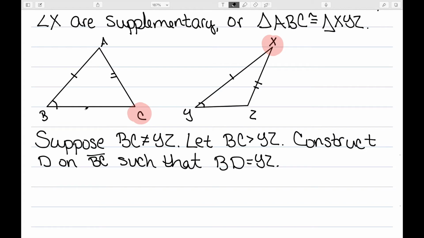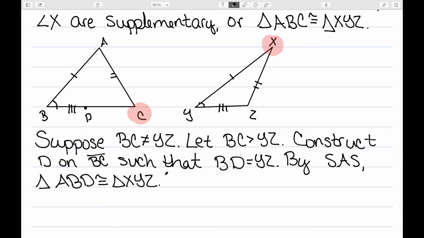I'm then going to construct this point D on my segment BC such that side BD is congruent to side YZ. Then if I look at this triangle ABD here, I have the sides, the angles, and the sides are congruent, so by side, angle, side, this triangle ABD is congruent to XYZ.